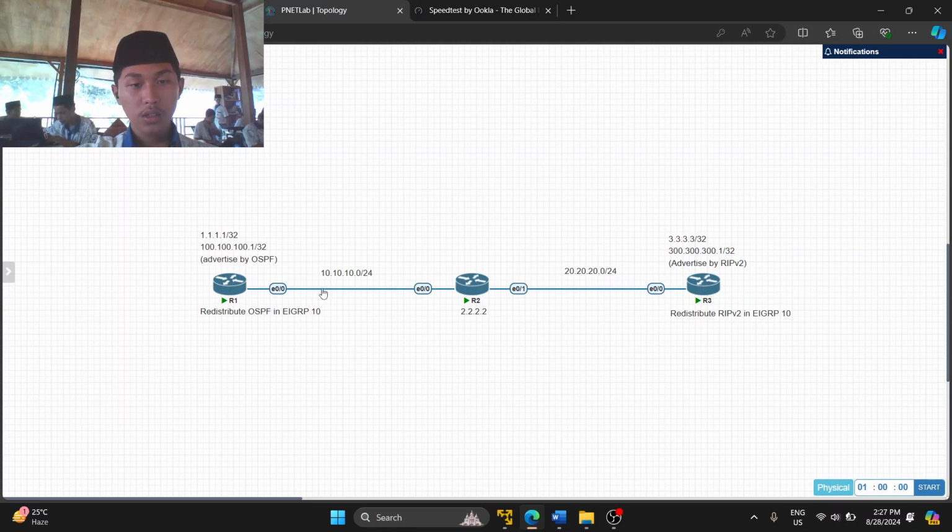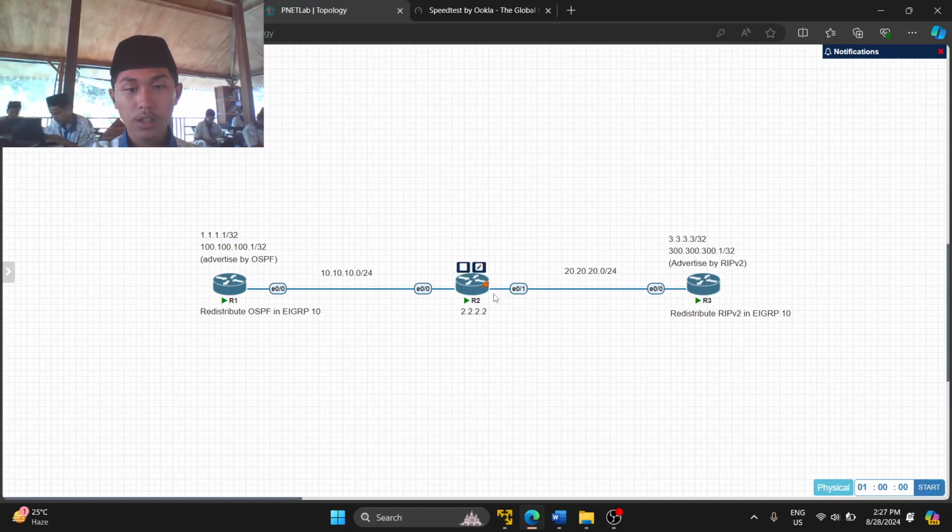When we advertise in OSPF, we will use area 0. For interface E0/0, we will use the IP address 10.10.10.1 prefix 24, and it will be advertised by using EIGRP, and the AS is 10.